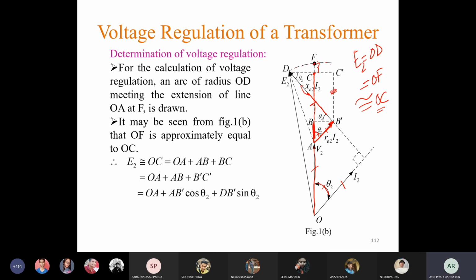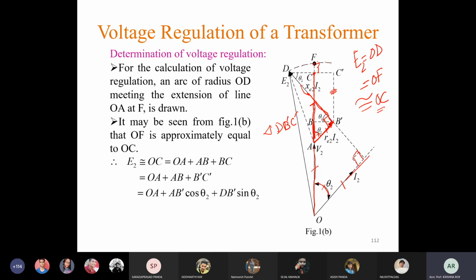Now to find B dashed C dashed, consider the triangle D B dashed C dashed, this triangle. This is 90 degrees. Why? Because this B dashed D is in quadrature with this line or this line.